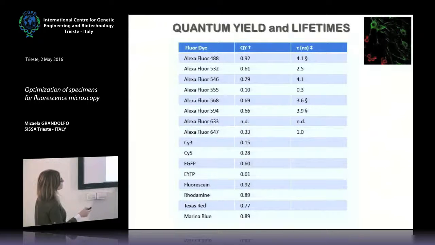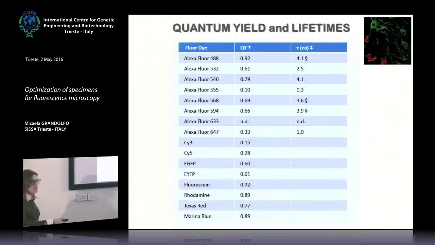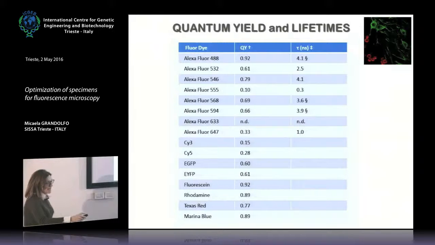So this is a particular fluorophore because very often researchers buy it because it matches perfectly with the 633 laser lines in the confocal configuration when you want to use a far red fluorophore.